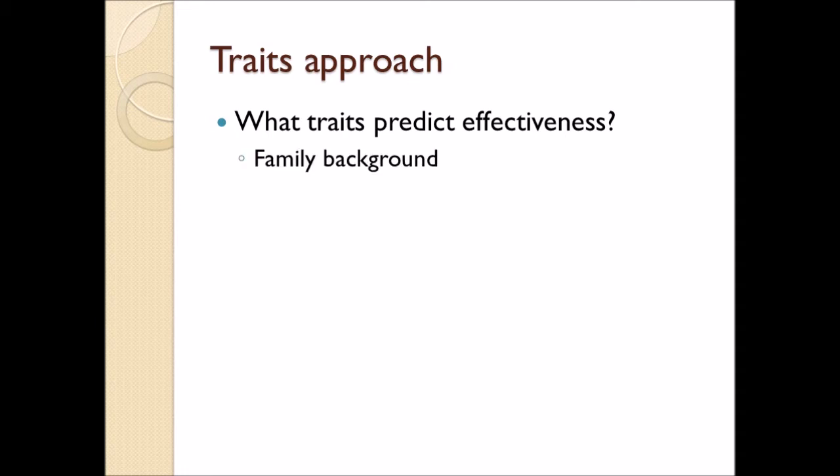And again, you've probably heard some of these. If a person comes from the proper family background, if they have had a middle or upper middle class upbringing, if they've had a good education, that might lead to a person being a better leader. If they are attractive or tall, that could lead to being a better leader.